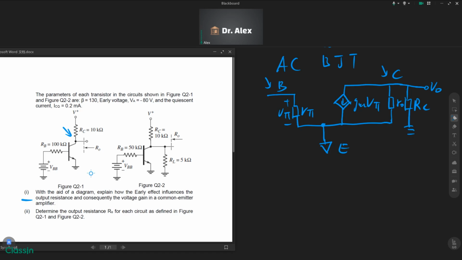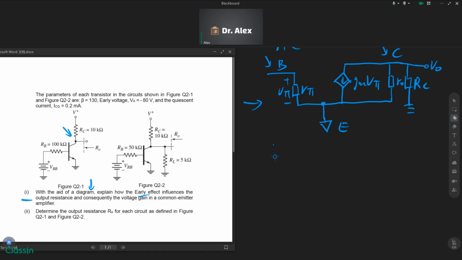The first question asks us to use a diagram to explain how the early effect influences the output resistance. Theoretically, the output resistance just equals RC.